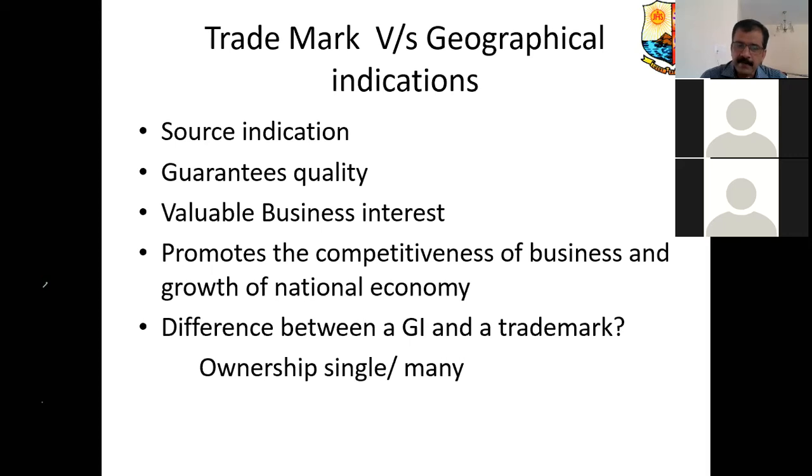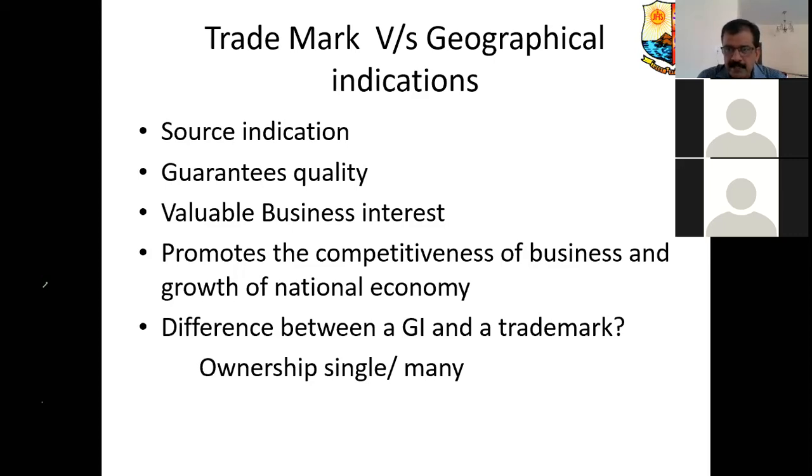in the market. It promotes the competitiveness of business and growth of the national economy. I told you, it promotes competitiveness. People will have healthy competition to get that product and sell and make business.